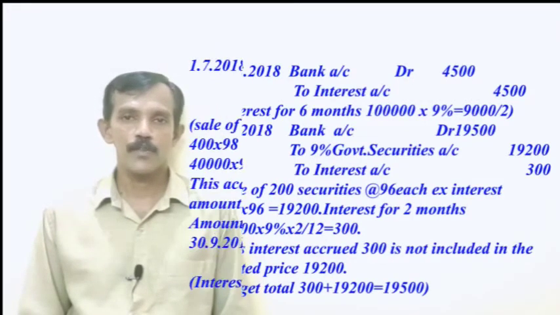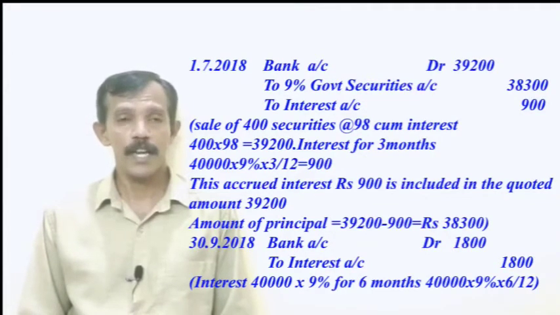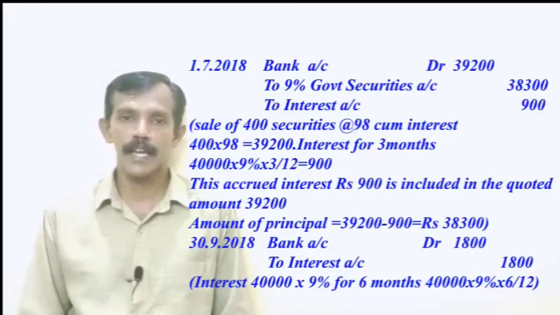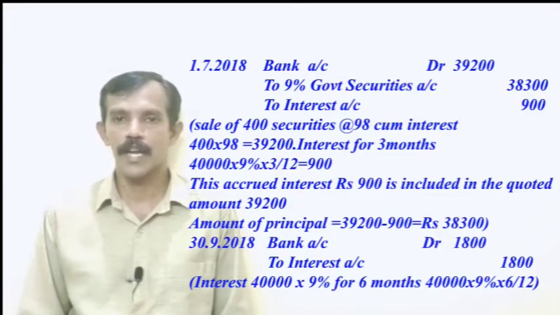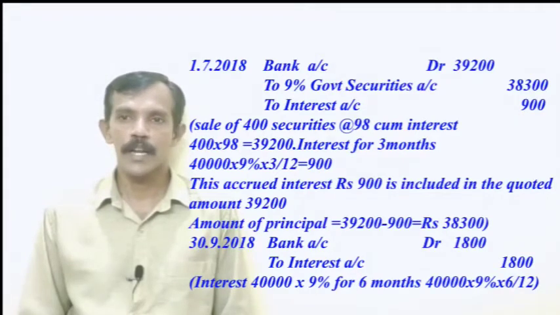Then on 1/7/2018, again sale of 400 securities at the rate of 98 cum interest. Amount received: 400 into 98, that is equal to 39,200. Interest for 3 months: 40,000 into 9% into 3 divided by 12, that comes to 900. This accrued interest of rupees 900 is included in the quoted amount of 39,200.